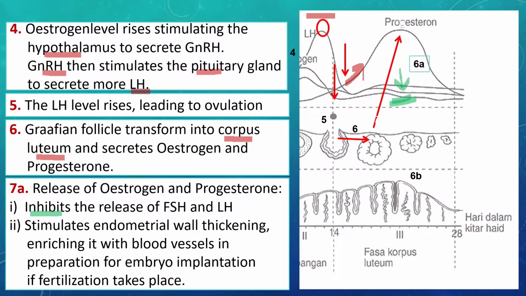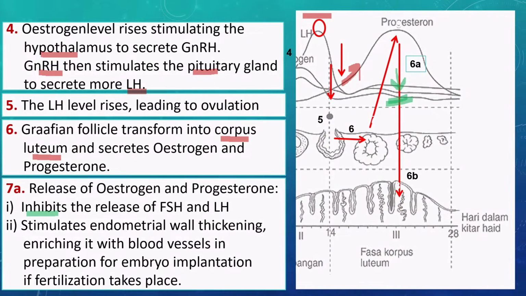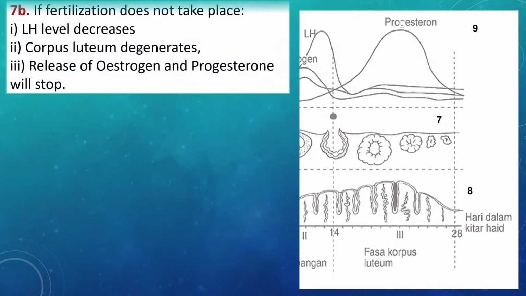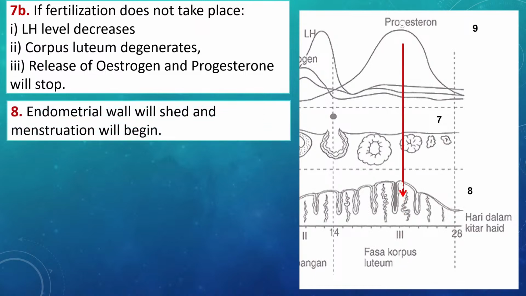Let's say there's no fertilization, then what happens? LH level will decrease. You can see here LH level starts to drop, progesterone drops, and LH will also drop.